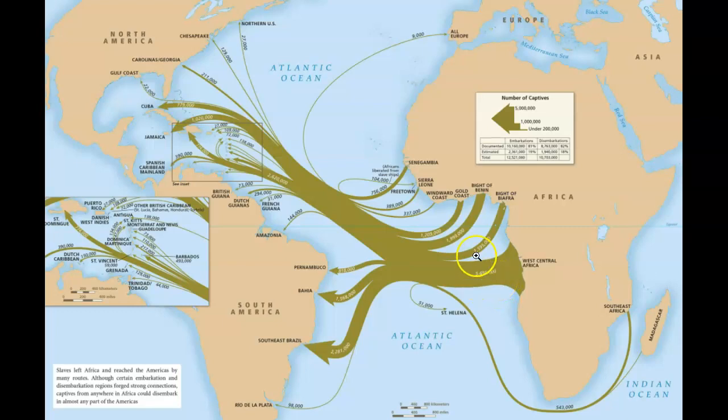If you look at it, you're talking about 15 million human beings, moved from Africa heavily to what's now Brazil, largely to the Caribbean to work on the sugar plantations, but 300 or 400,000 moved to the American colonies to work there.